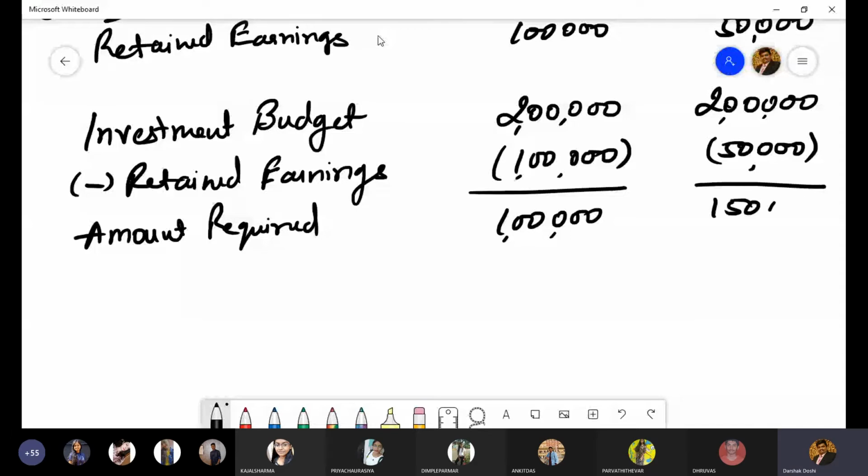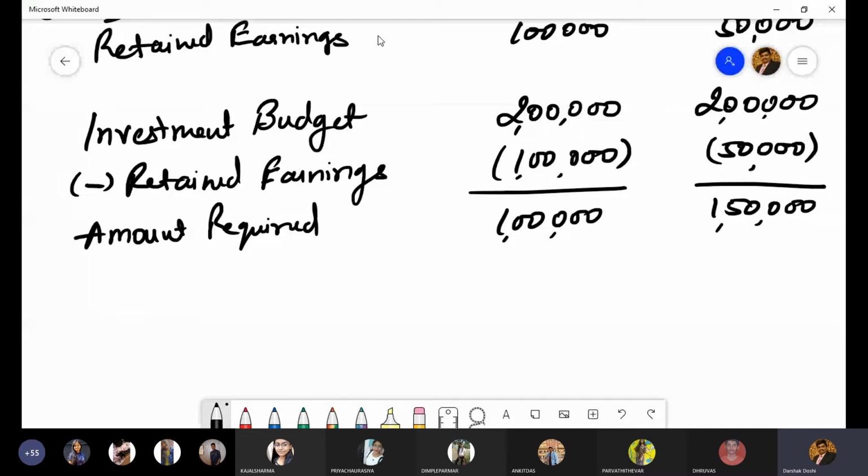In the first column we have assumed that the dividend is not declared, then the price per share at the end will be 110. We calculated that if dividend is not declared, the price at the end will be 110. We require 1 lakh rupees and the price for one share is 110. So if we were supposed to issue shares, how many would we issue?